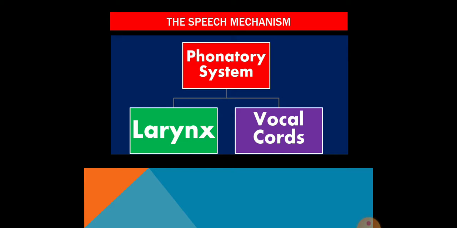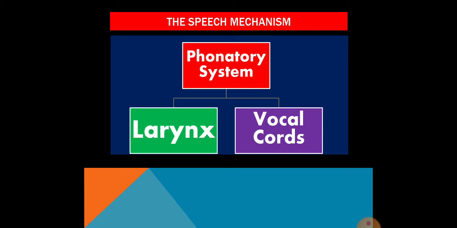Larynx, the box-like organ situated at the top of the windpipe. The larynx serves three important functions in humans. In order of functional priority, they are protective, respiratory and phonatory.